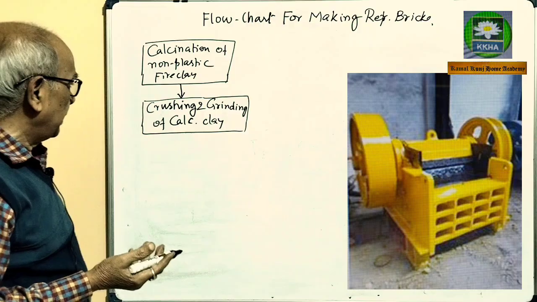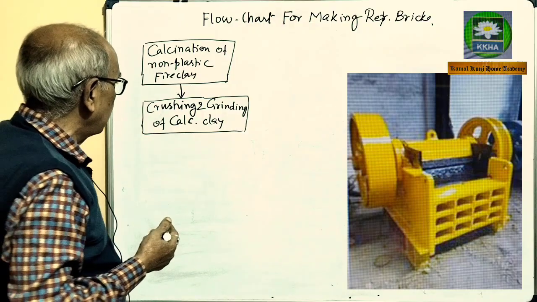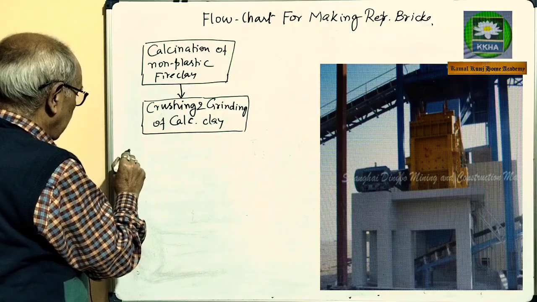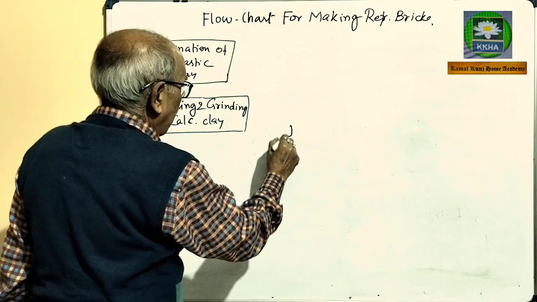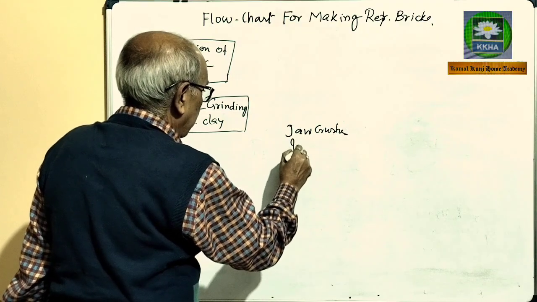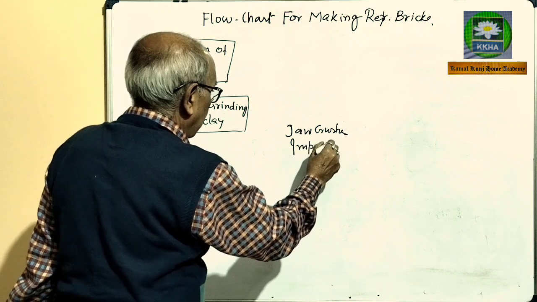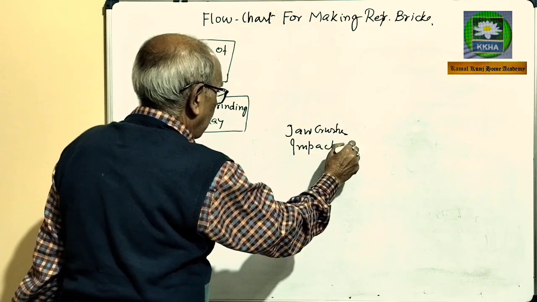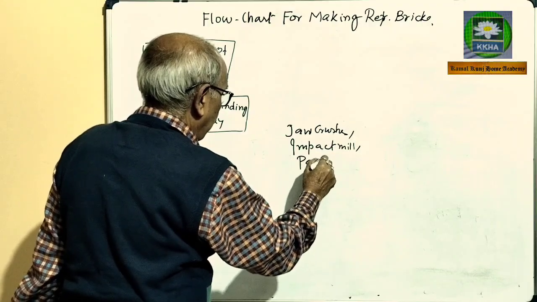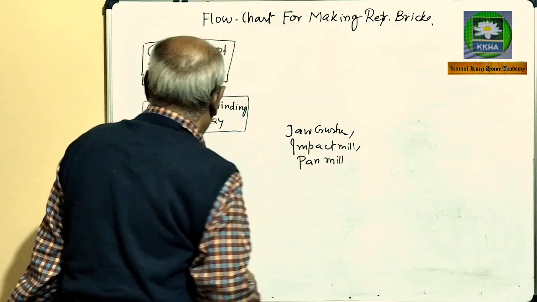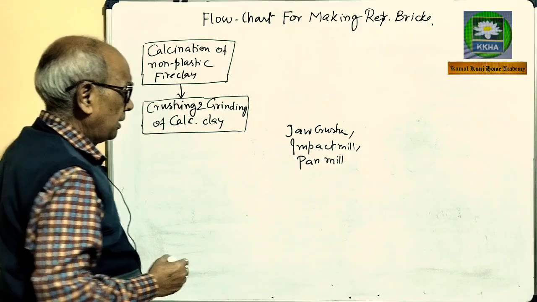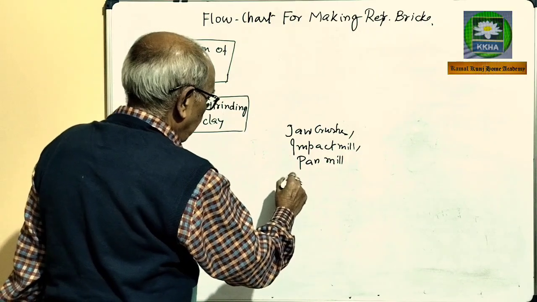Then impact mill or pan mill, different grinding equipment, are used for crushing and grinding of calcined clay. And ball mills are used for making fines.